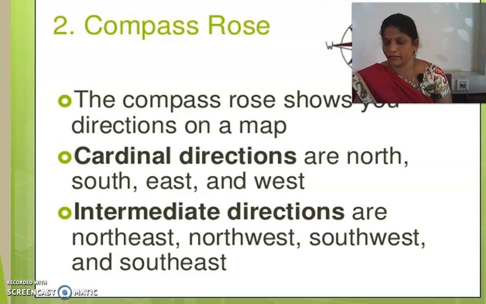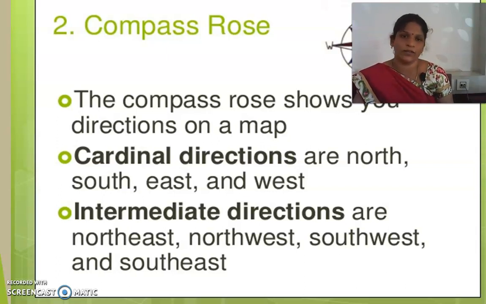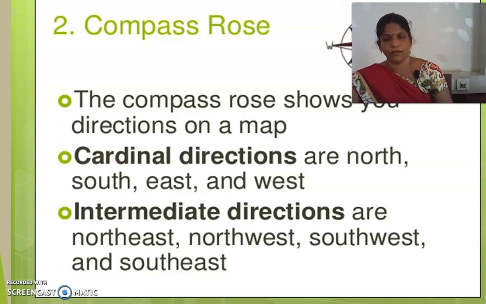Then, east of Karim's house, what is present? For these questions, you should give the answer to me. Page number 24 and 25. So the two important directions are cardinal directions and intermediate directions.